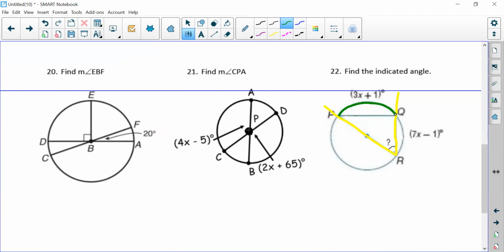Maybe solve for x first. And I think if we solve for x, that would help us figure out how to calculate the measure of angle PRQ, okay? So look. Arc PQR creates a semicircle, okay? Because PR is the diameter.